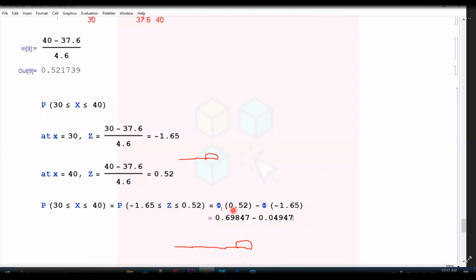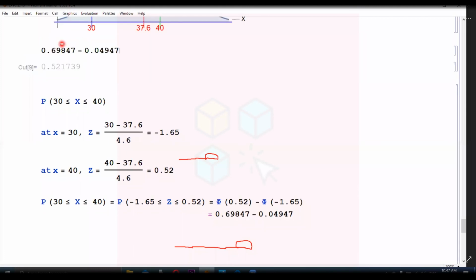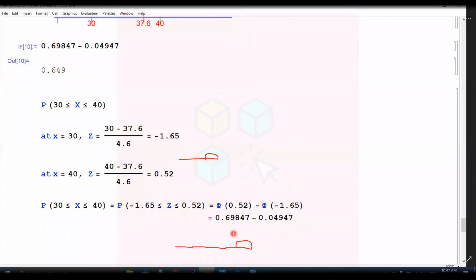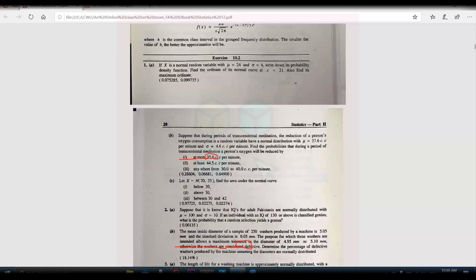Okay, now we will solve the expression. The answer is 0.649. So in our book we can observe that the answer to the question we have done is 0.649.